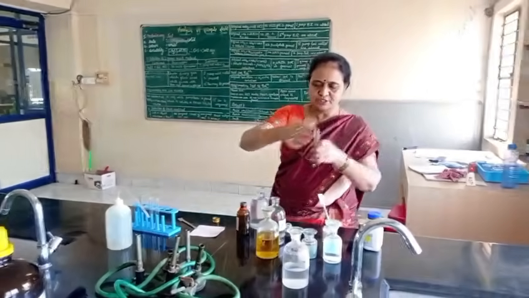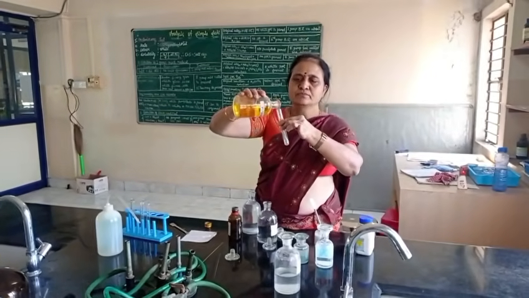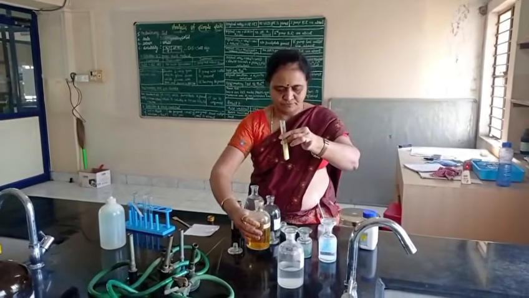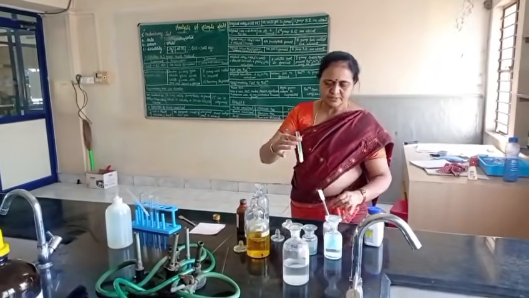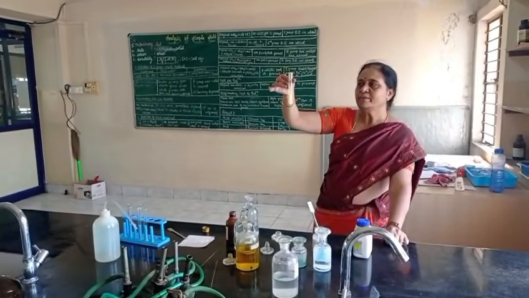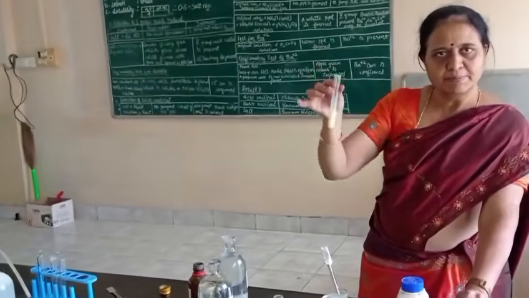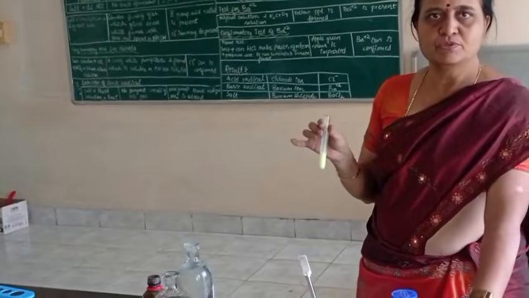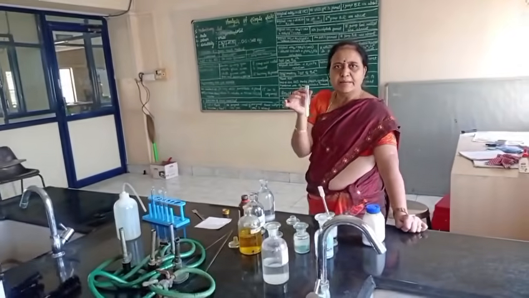For this original solution, I am adding potassium chromate. See here, I am getting yellow precipitate. Formation of yellow precipitate indicates the presence of barium. So, the given salt contains basic radical barium.